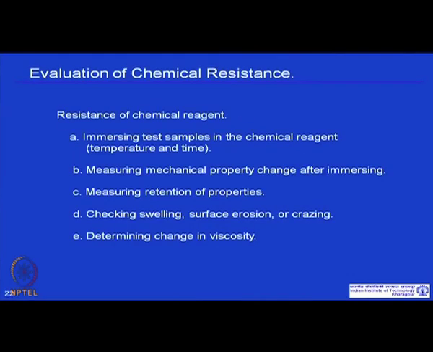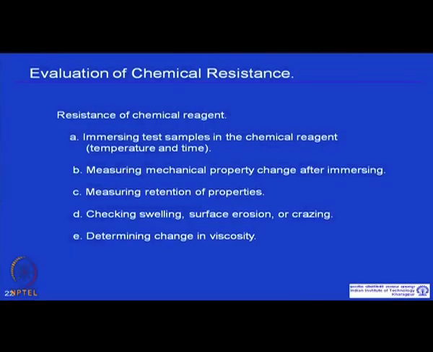So, we will stop here for this lecture, and we will talk about other properties like optical property, barrier property and surface property of polymers in the next lecture. We will also talk briefly about how most often polymers are not used as such.